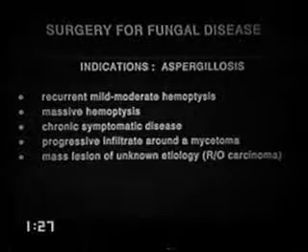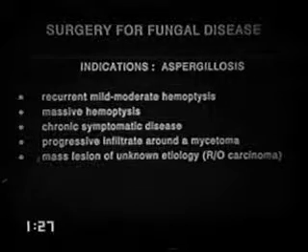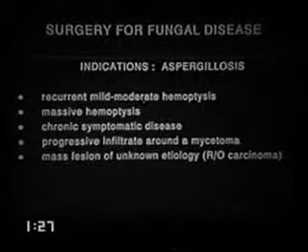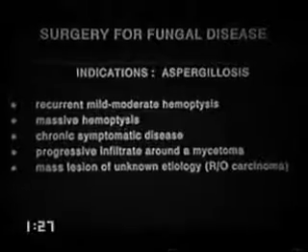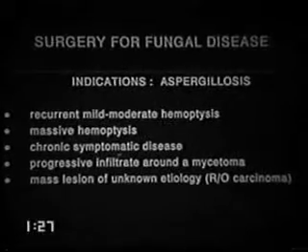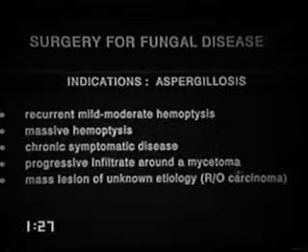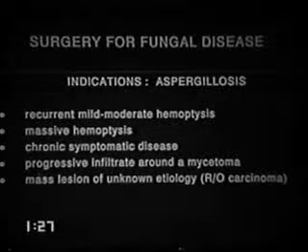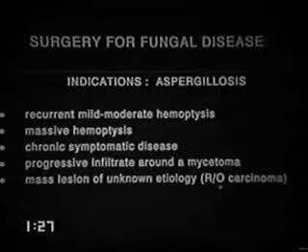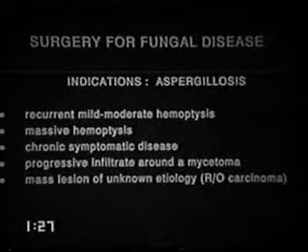Indications for surgery in this setting, we've mentioned most of them. Recurrent mild to moderate hemoptysis, massive hemoptysis, chronic symptomatic disease, a progressive infiltrate around a mycetoma, indicating a chronic infection, or a mass lesion of unknown etiology to rule out a coexisting carcinoma.